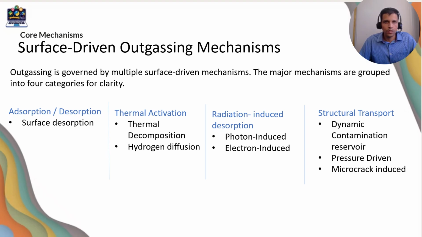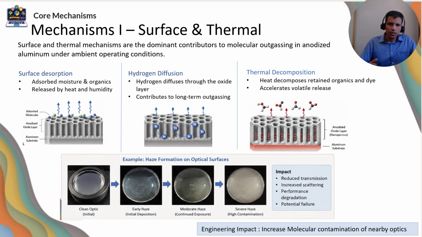Moving to the next slide, I am showing some visual appearance of 3 different mechanisms. The first one is surface desorption. During anodization, transport or storage, there's a chance that moisture and some volatile elements can be adsorbed onto the surface.